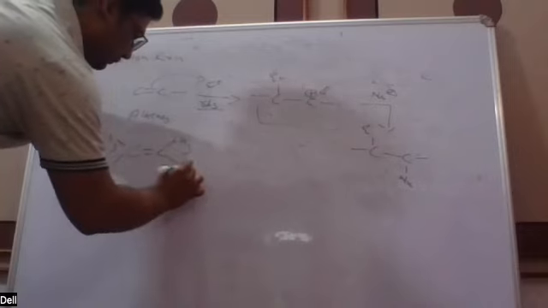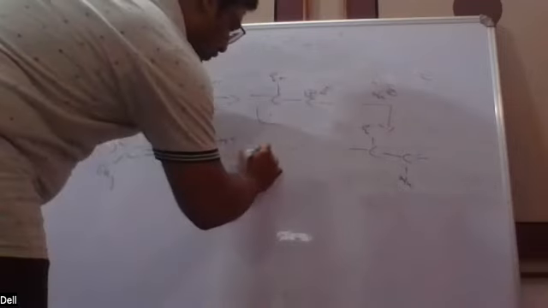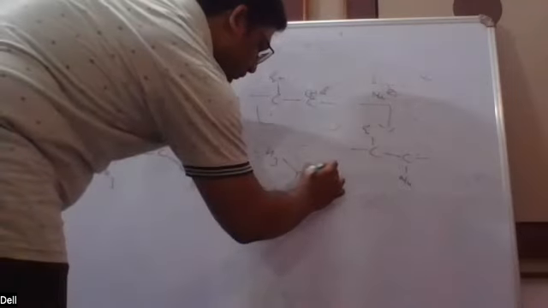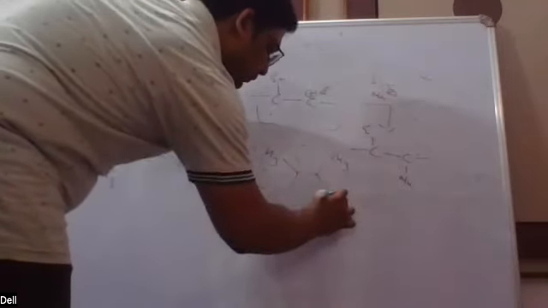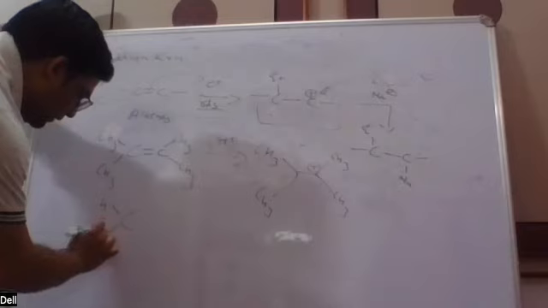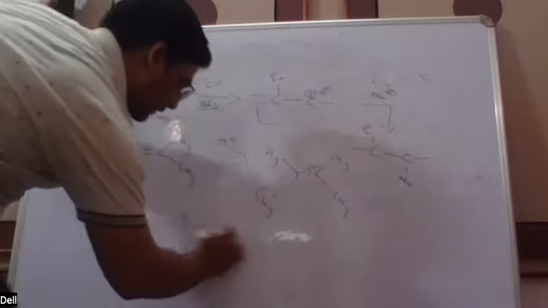As we can see, if we substitute the alkene and add the H plus ion on this, the formation of this product is much faster in comparison if we take normal ethene and add H plus ion.